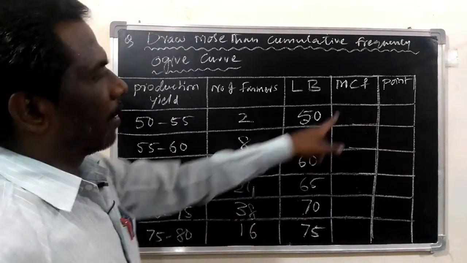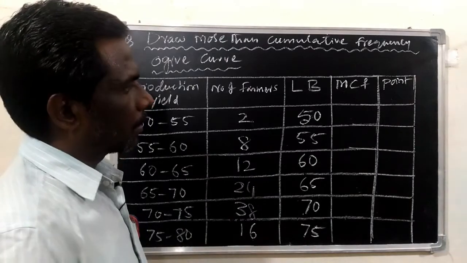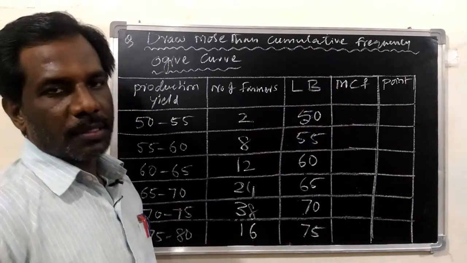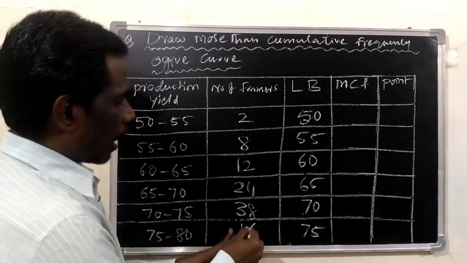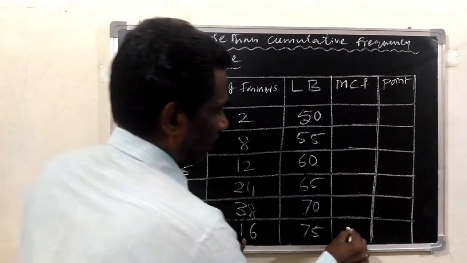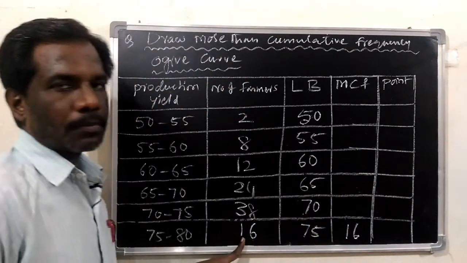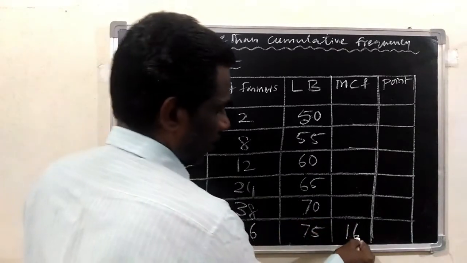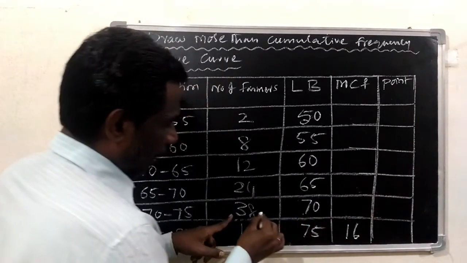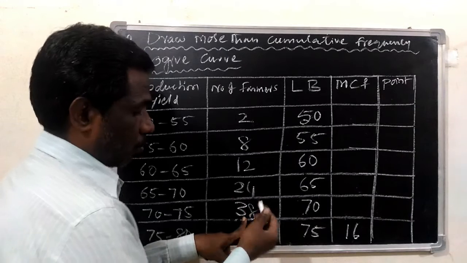And next we need the more than cumulative frequency. For this, we write the last frequency value as it is, 60, and this 60 is added with the next frequency from down.